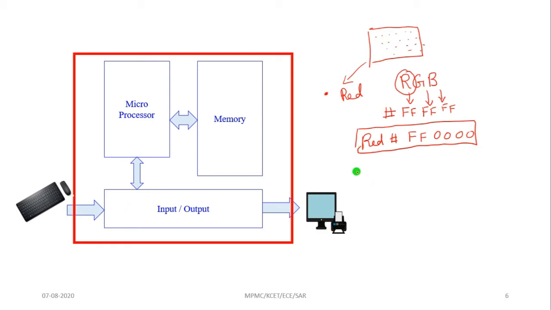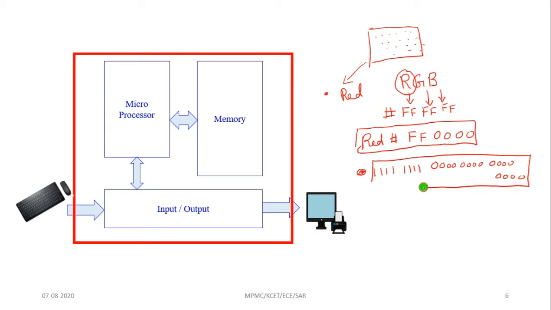It can be converted into binary form: F is equal to 1111, and the other F is 1111, and 0 is equal to 0000, and 0000. This is the red color representation.